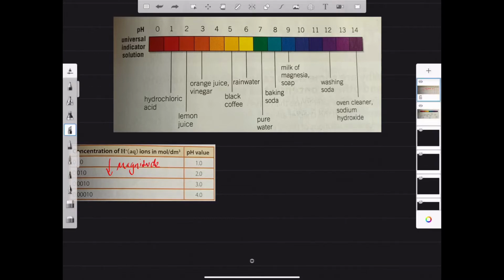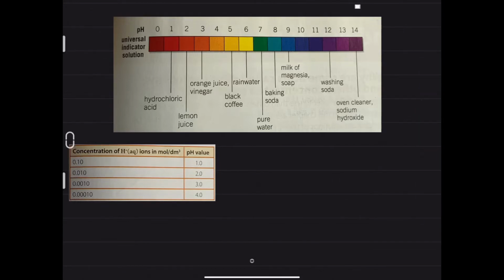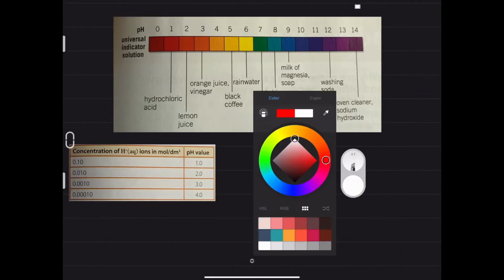So let's put this in a concise way, just one sentence to the side.